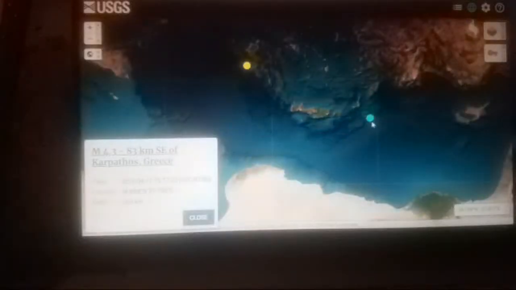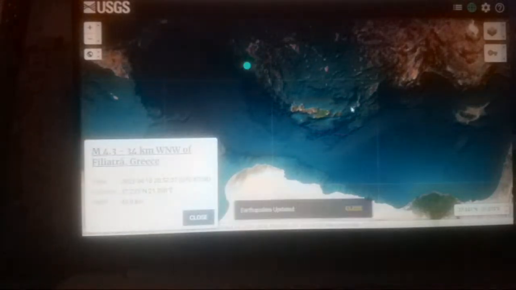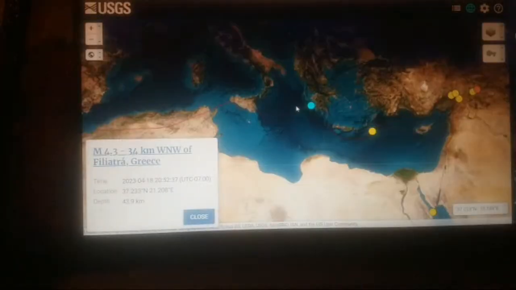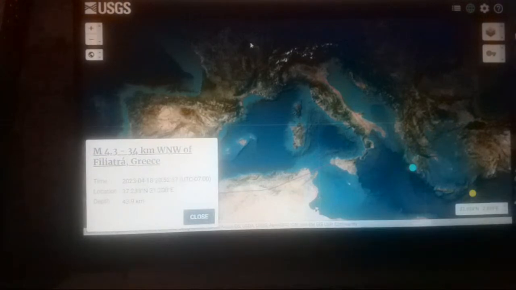You see it traveling down this fracture zone here, okay? Dropping off a quake here, 4.3 at Greece. Dropping off another 4.3. So 4.3 energy coming down the line, being delivered and relieved along this course.